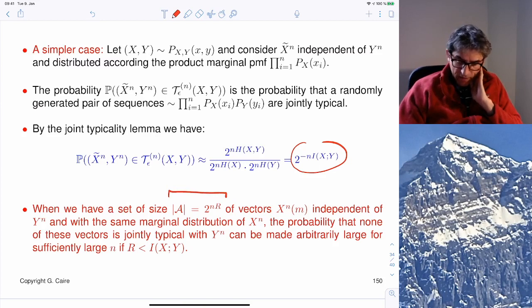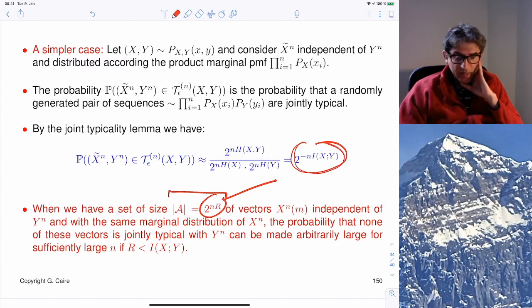Imagine that I generate 2 to the nr such sequences, and then I ask, what is the average number of sequences that will be jointly typical? Well, it's the size of the set times the probability of being jointly typical. So it's the product of this 2 to the nr times this.